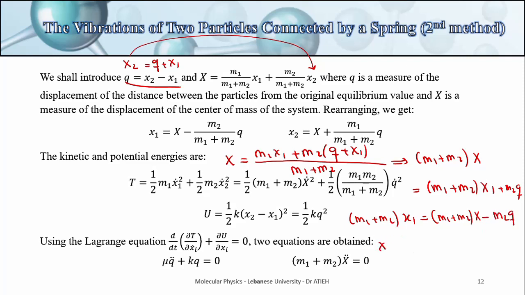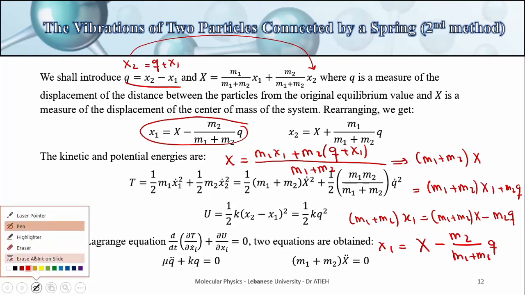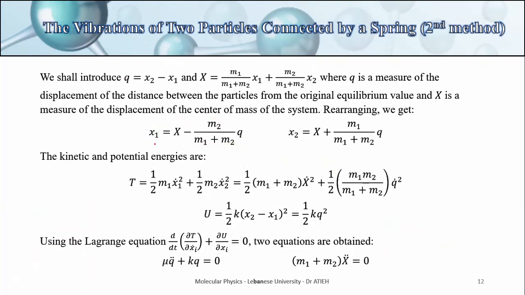Divide by m1 plus m2, so x1 is equal to x minus m2 over m1 plus m2 times q. So we arrive at this equation. Similarly for the second one, you can do it on your own. We can find x2 in terms of capital X and Q. So once we find x1 and x2, now we can insert them in the equation of kinetic energy. So let's insert them here and here.